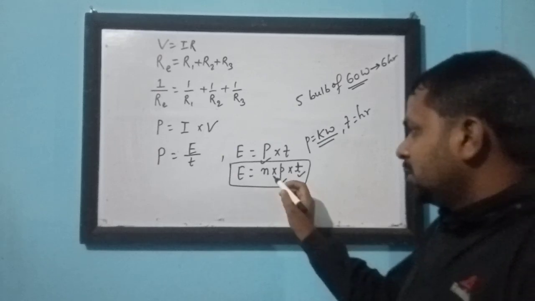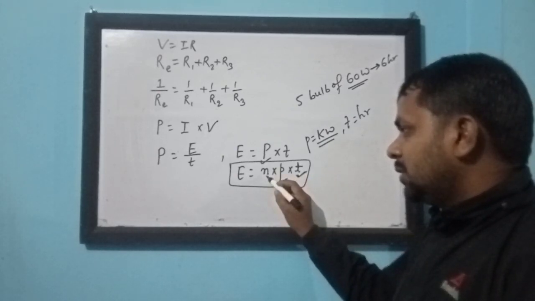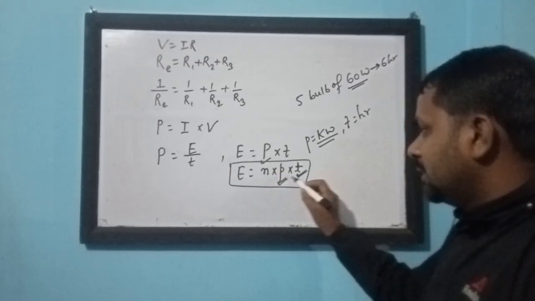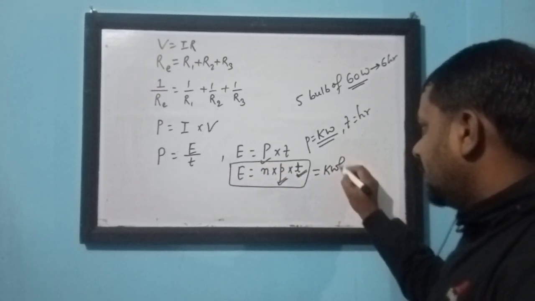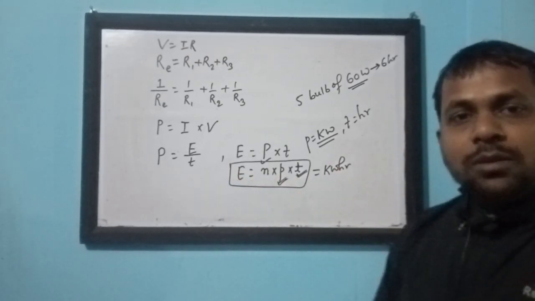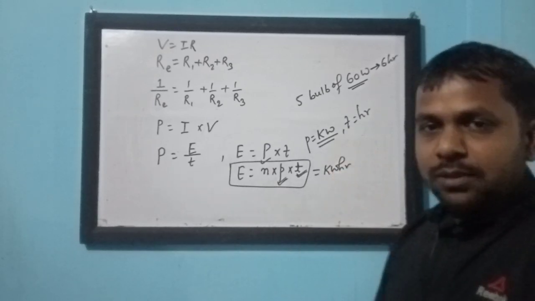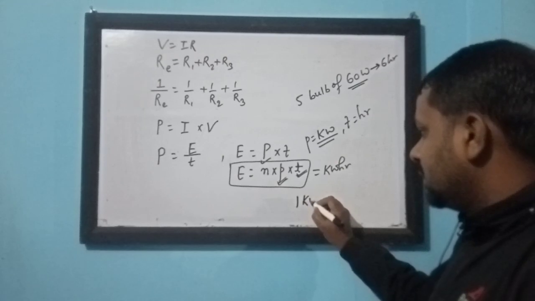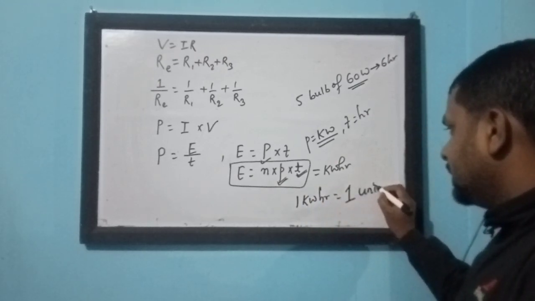Why? Because if we are putting here kilowatt and this is hour and this number does not have any unit, then this has kilowatt and this has hour, the energy value will come in kilowatt hour. The value of energy that we calculate will come in kilowatt hour. And when it comes in kilowatt hour, we know that 1 kilowatt hour is equal to 1 unit.